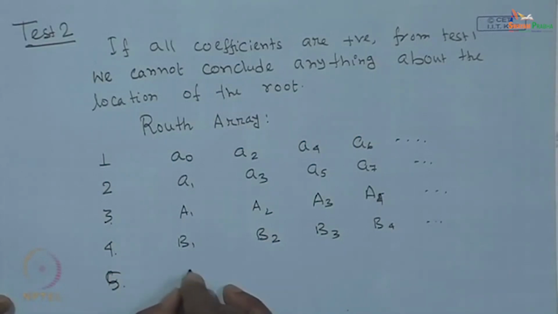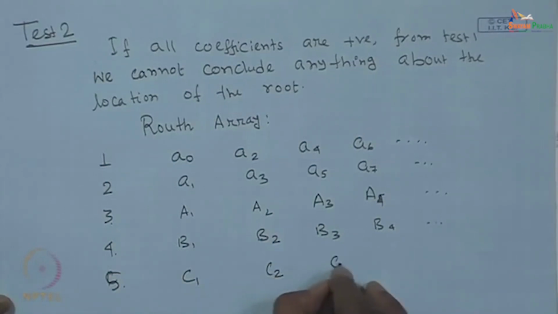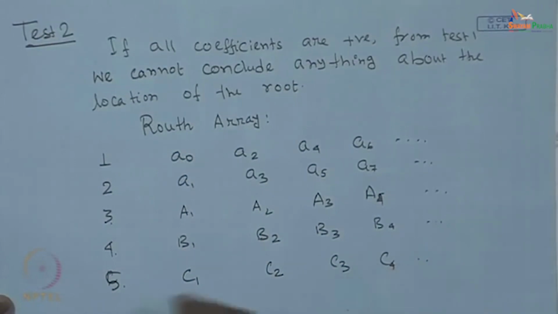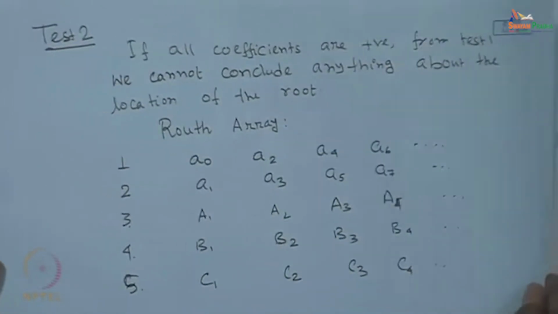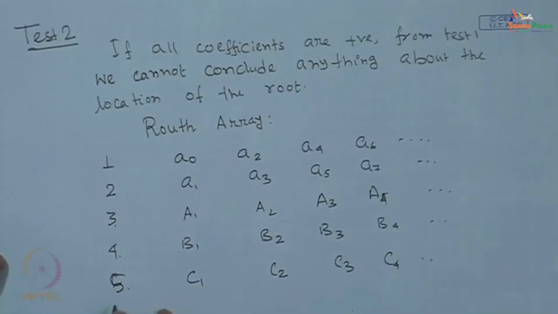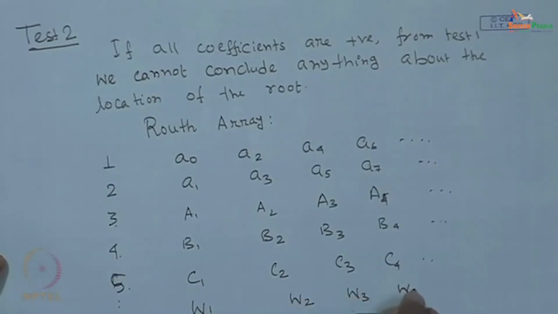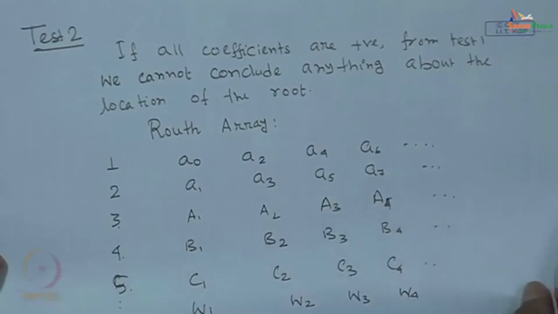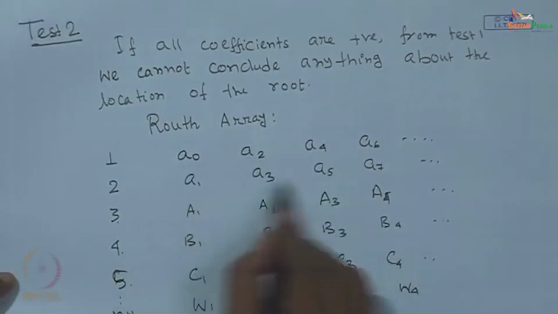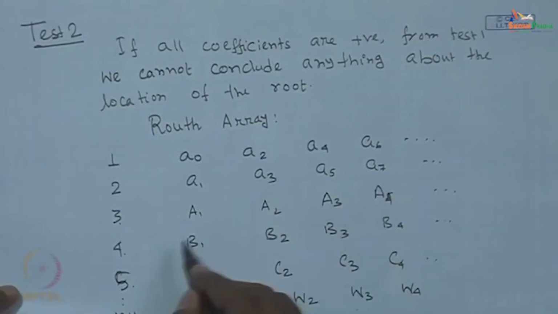The fifth row will be C1, C2, C3, C4 likewise. Then the (n plus 1)th row will be W1, W2, W3, W4. Now, these are the coefficients of the characteristic equation, then A1, A2 and B1 etc. are expressed in terms of these coefficients.